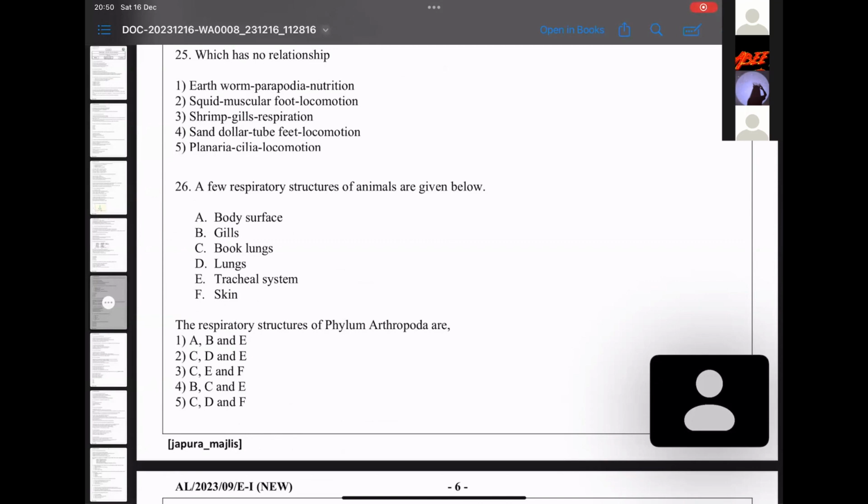Question number 26. So here, when they ask about respiratory structures, this one is basically direct from the theory. There is nothing to understand here. What you should know is which animals use the body surface itself for respiration.